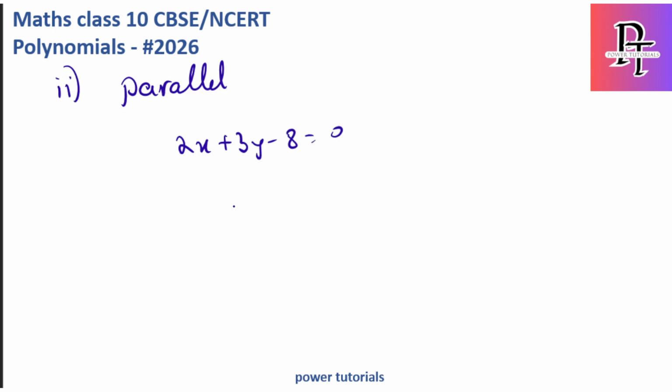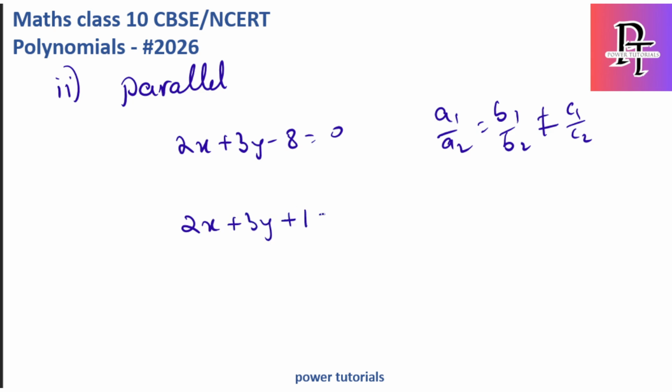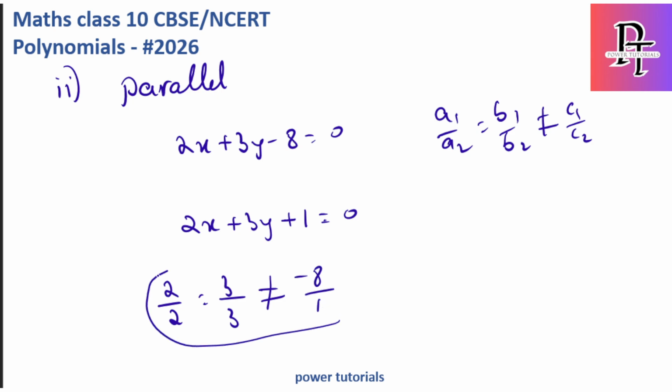So I'll just use 2x plus 3y, and here I will replace the constant with plus 1, equal to 0. Why? Because 2 by 2 is equal to 3 by 3 and not equal to minus 8 by 1. So this is the answer, which is parallel to this line.